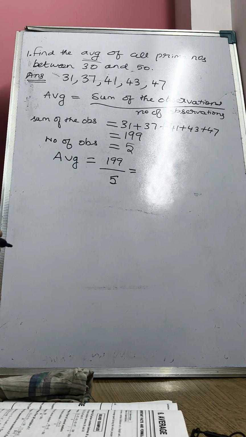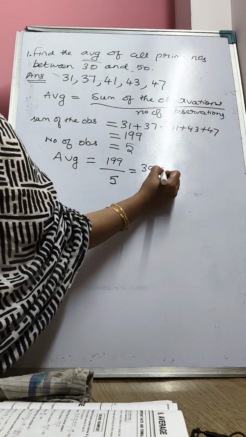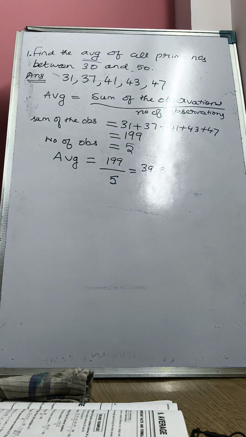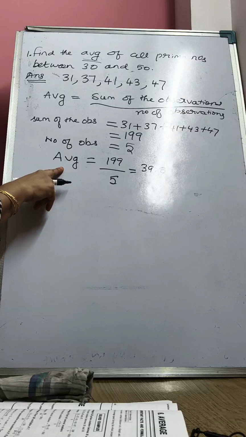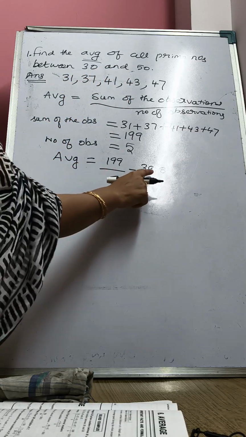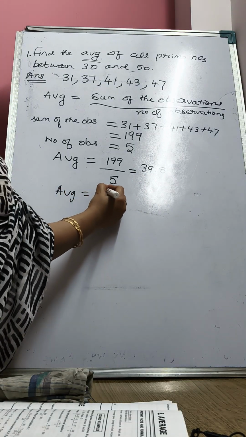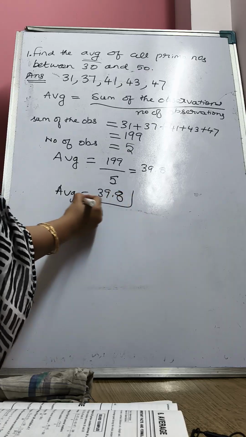So using that, 199 divided by 5, the answer is 39.8. So we have found the average of all prime numbers between 30 and 50, which is nothing but average is equal to 39.8.